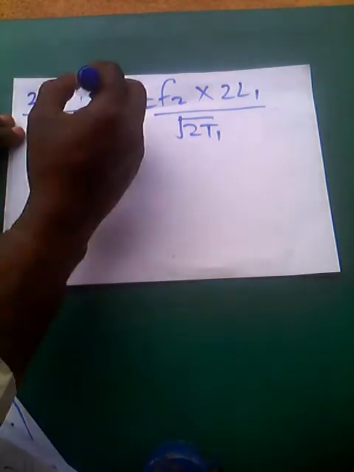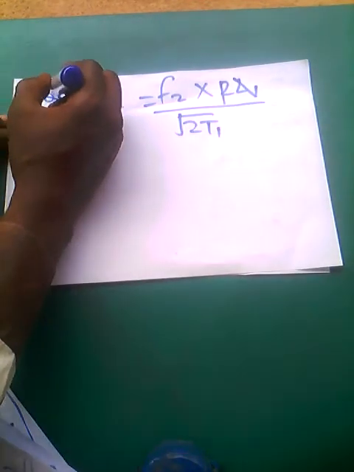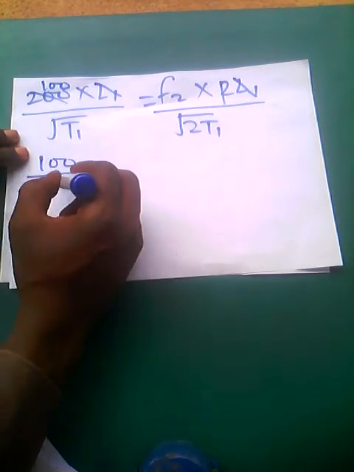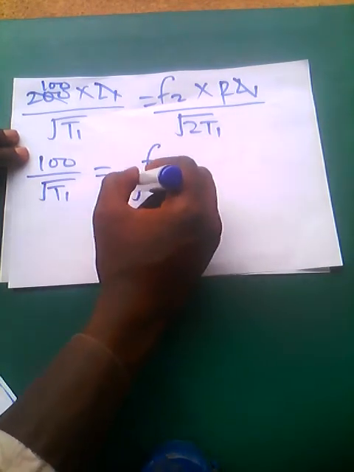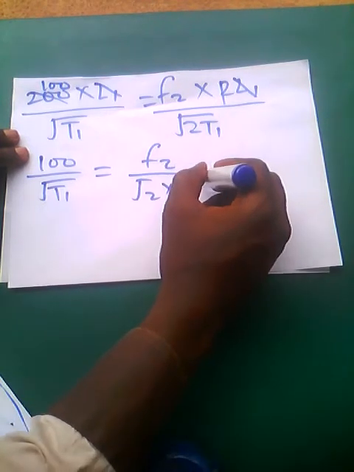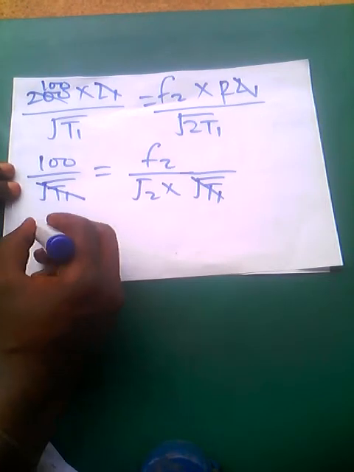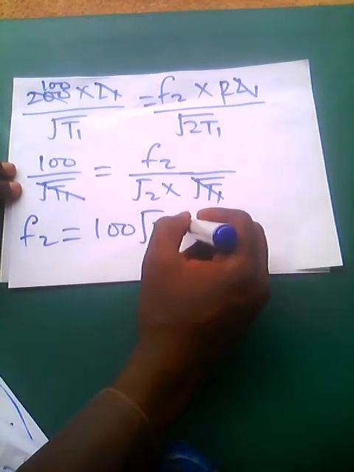So we know that the 2s cancel. We have 100 over root T1 is equal to F2 over root 2 times root T1. So root T1 cancels out, and we have F2 equal to 100 root 2 hertz.